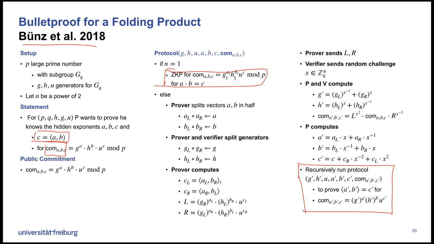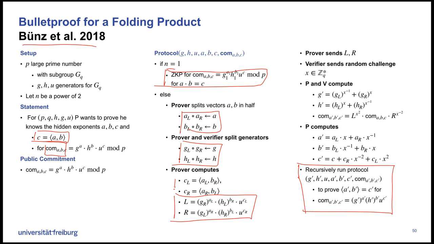So what we do is we split these vectors, we split these generators. This is also something we've seen before. We have some commitments that we have to do before. Again, we have strangely combined left and right somehow with these two statements here.